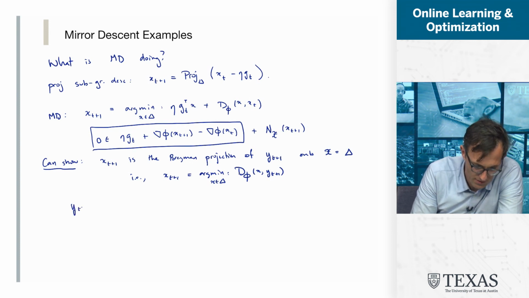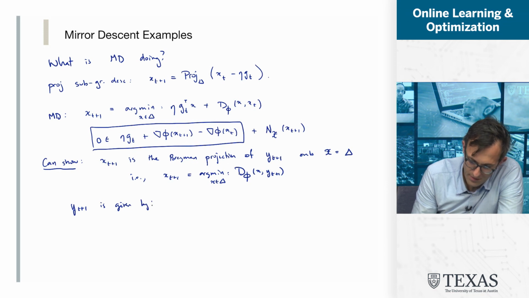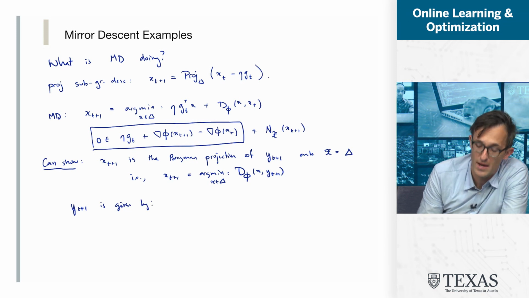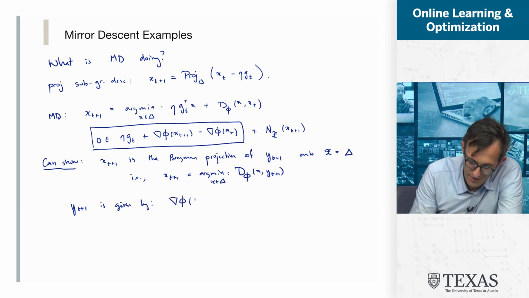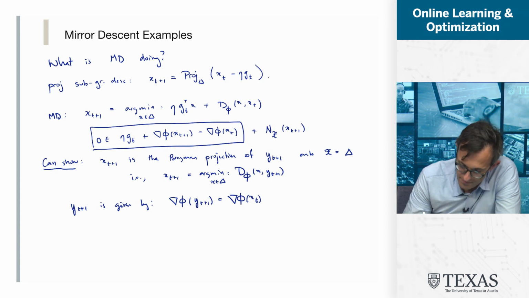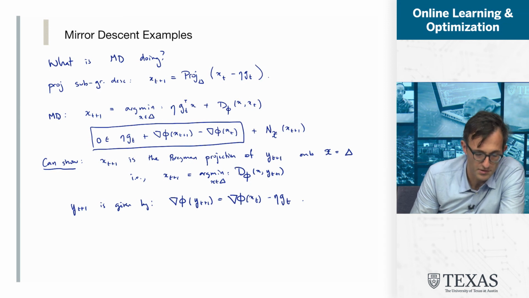It is given by solving this equation if we didn't have any normal cone. So that means that, specified implicitly, the gradient of phi evaluated at yt plus 1 is equal to the gradient of phi evaluated at xt minus eta gt. This is yt plus 1.